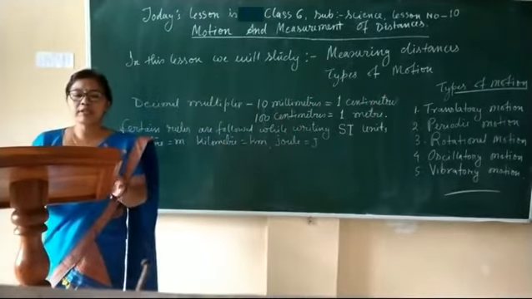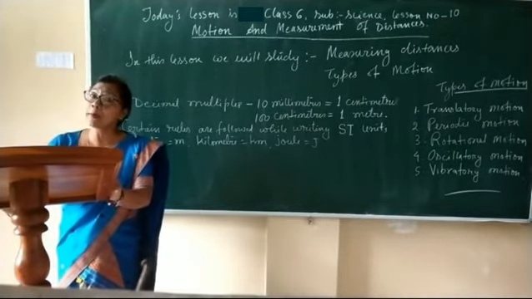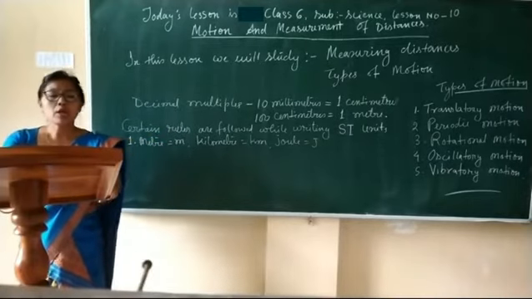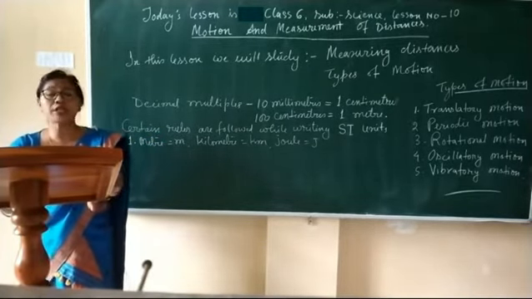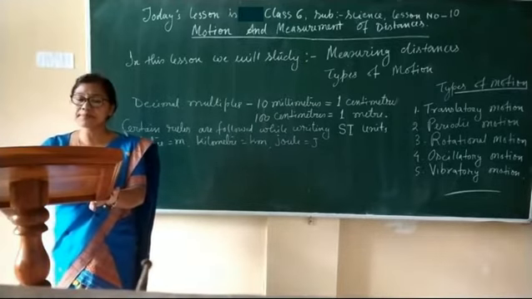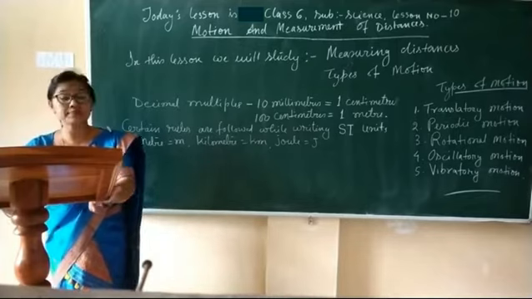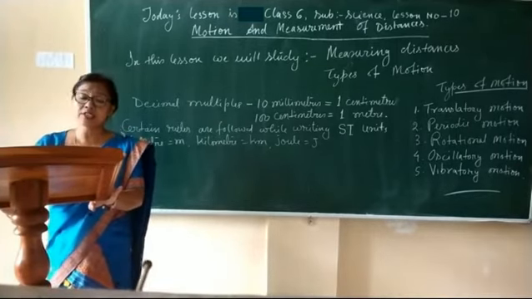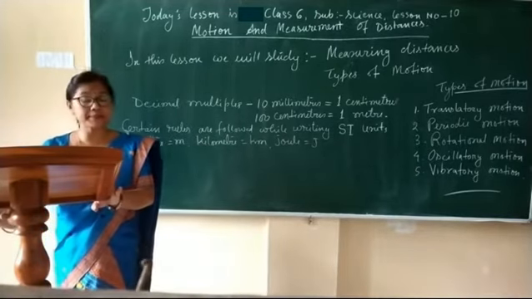First of all, let us discuss earlier methods of measurement. Long ago, people used parts of the body to measure things. An inch was the width of the thumb. A foot was the length from the heel to the big toe of a person.